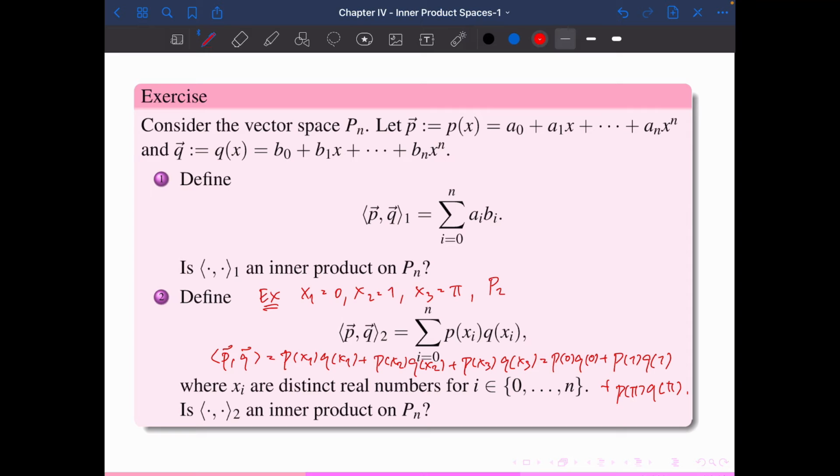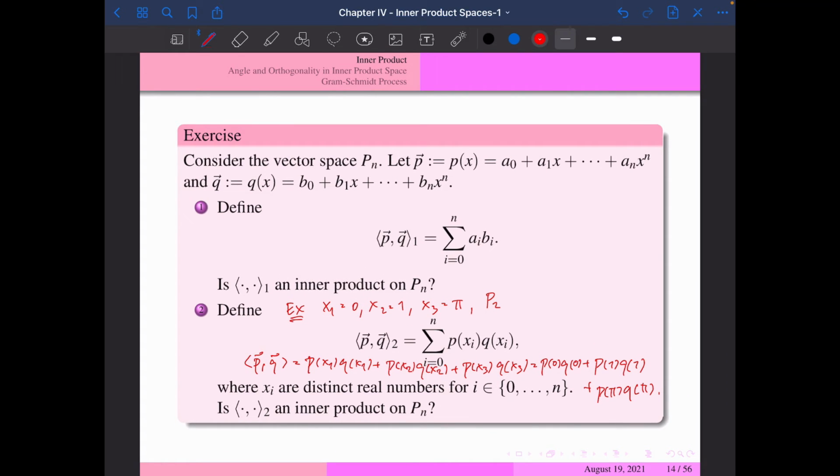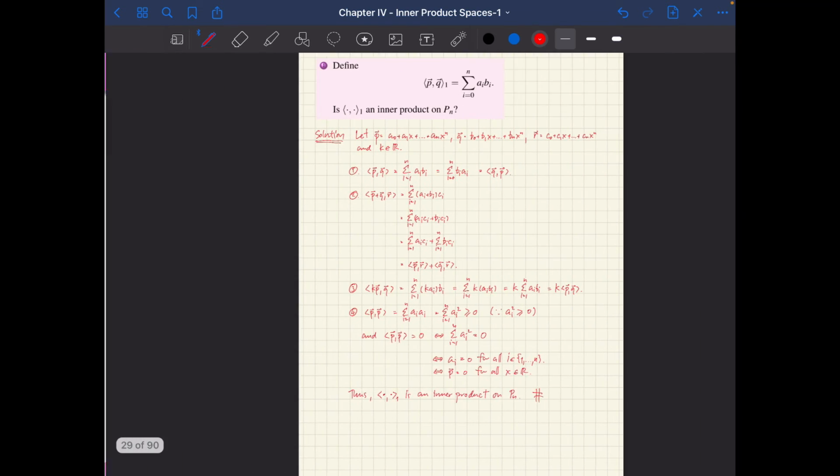The question is whether the functions in number 1 and number 2 are inner products on Pn or not. This one I think you can do by yourself. For number 1, it's quite easy, it's not hard.